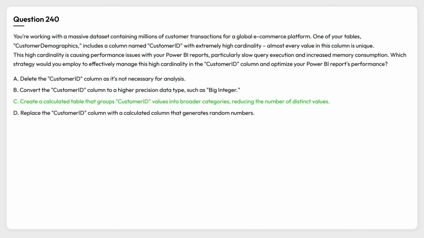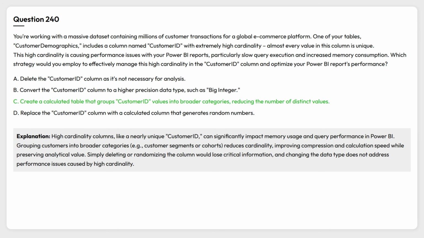The correct answer is option C. Create a calculated table that groups customer ID values into broader categories, reducing the number of distinct values. High cardinality columns, like a nearly unique customer ID, can significantly impact memory usage and query performance in Power BI.